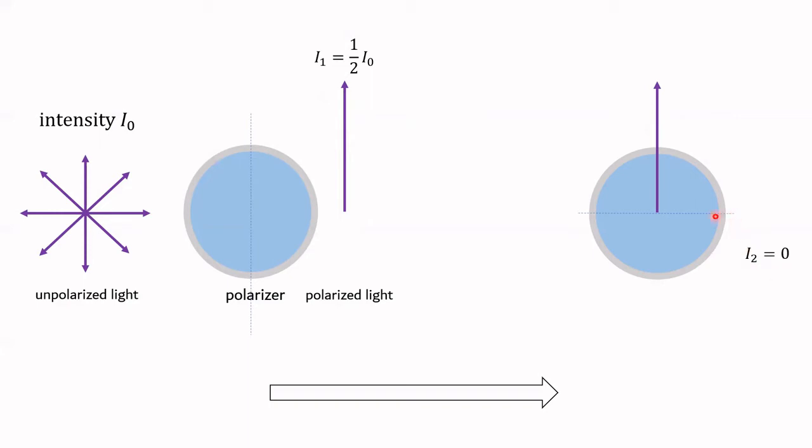Well, it's because the axis of this filter is perpendicular to the polarization direction. The incident light, which has already been polarized by the first filter, has no component. That electric field has no component along the axis of the second filter. So we get 0% transmission. This is the case of crossed filters. You saw this in a couple videos a few minutes back.